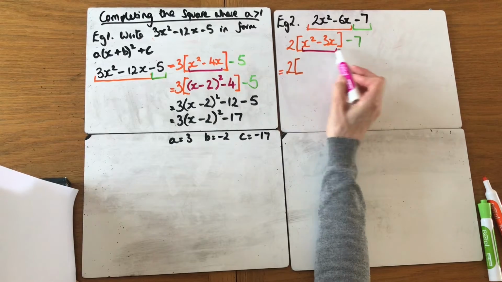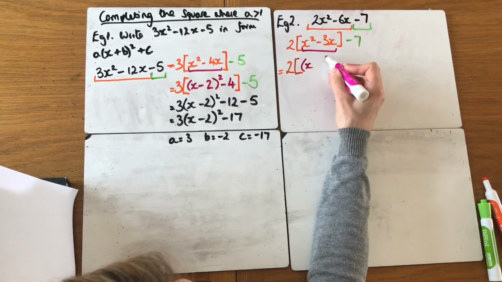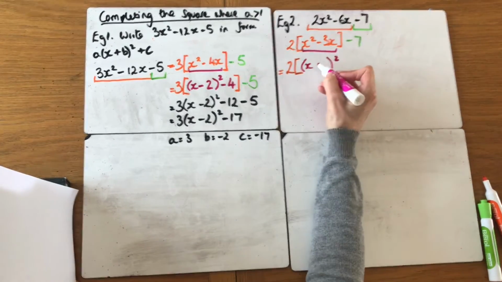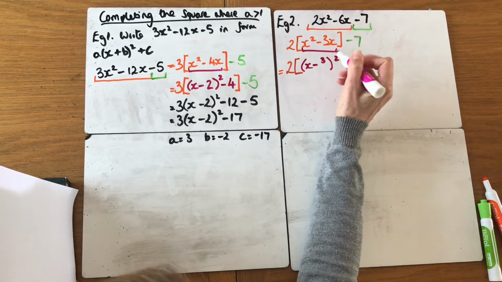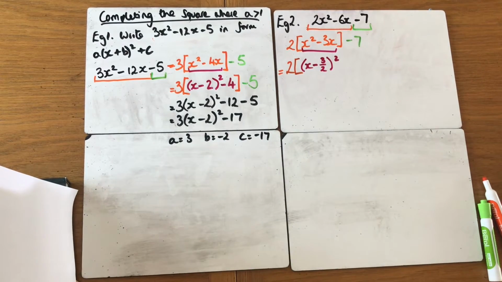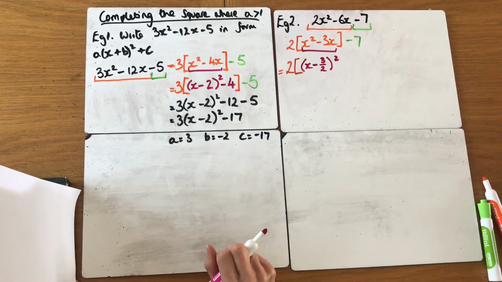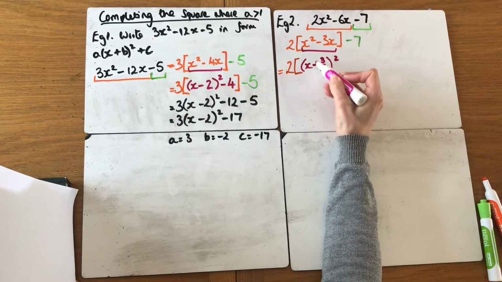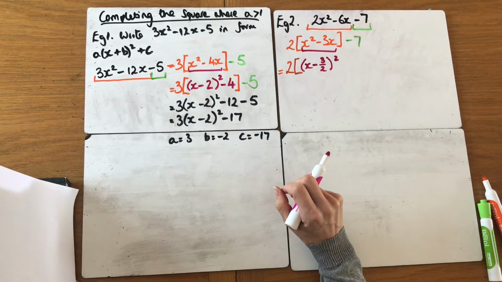Now I'm going back to my pink pen because I'm going to be writing down what's equivalent in pink. So set up your x and your squared. Now we've got to halve minus 3. That obviously is not going to be a whole number, and it's much easier later on if we leave that in top heavy fraction form and halve minus 3 to give us minus 3 over 2, rather than go into decimals and have minus 1.5, because what we need to do now we've halved it is square this 3 over 2, and it's much easier to square 3 over 2 than it is to square decimals.